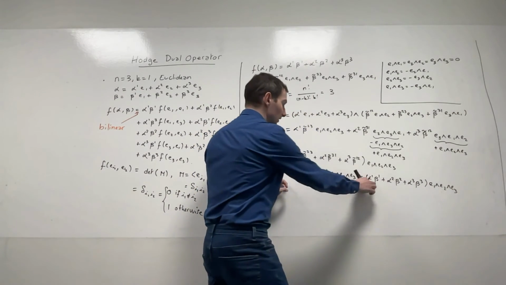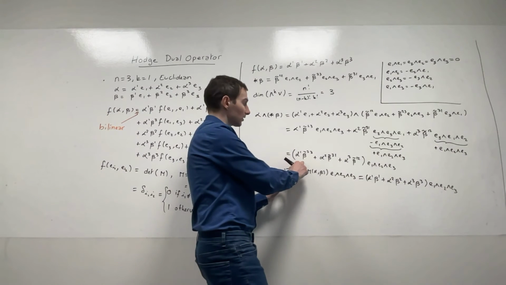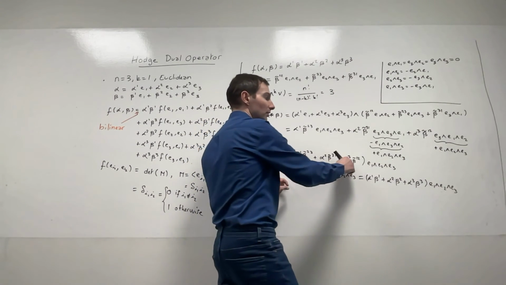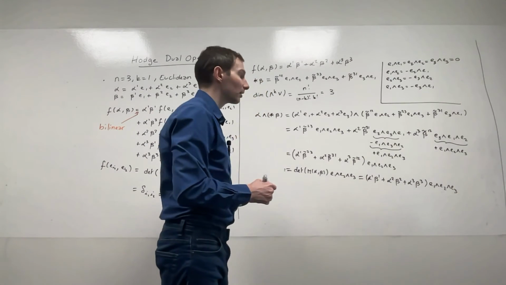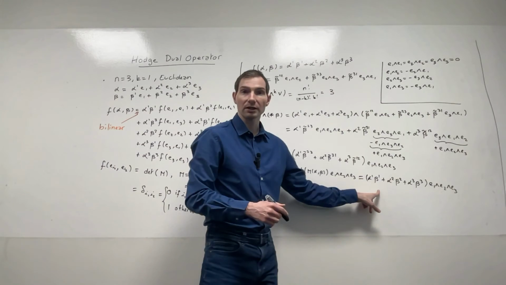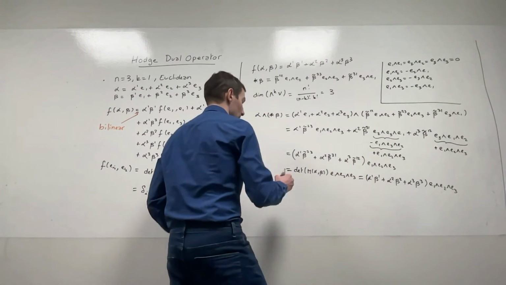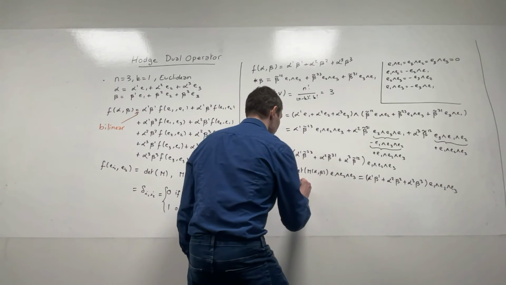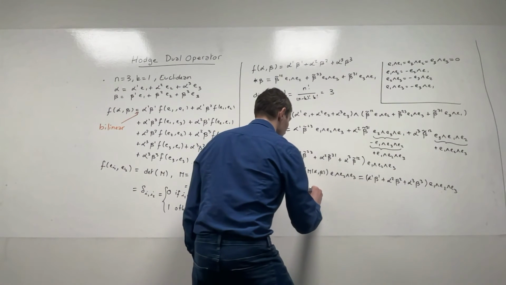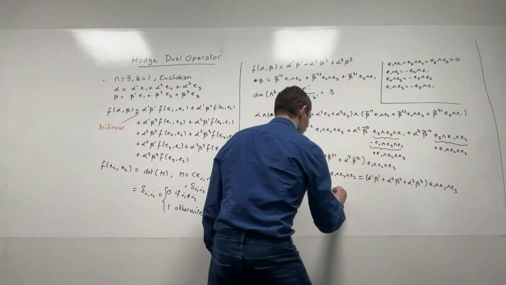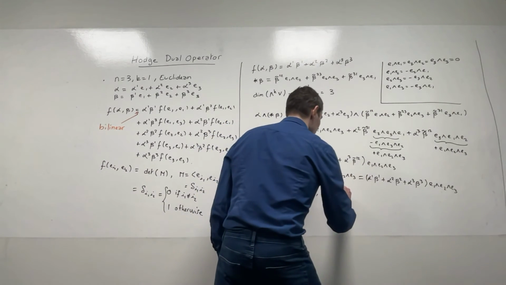So I know what beta 1 is, but in principle I don't know what beta tilde 2 3 is. And likewise, I don't know what beta tilde 3 1 or beta tilde 1 2 are. But because these expressions have to be equal, then I can deduce the following, that beta tilde 2 3 is actually equal to beta 1. Beta tilde 3 1 is actually equal to beta 2.